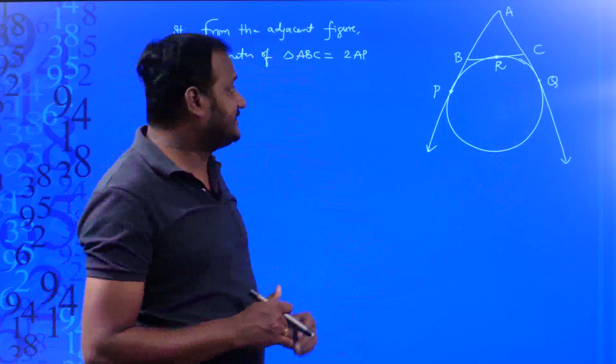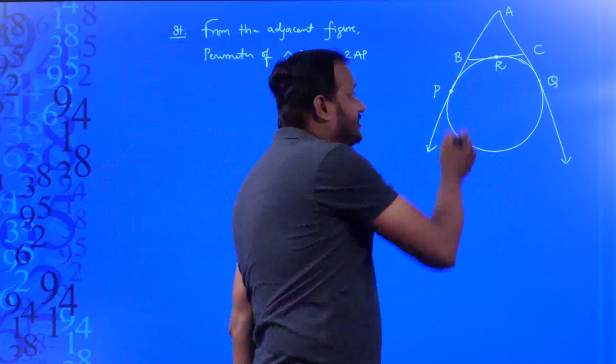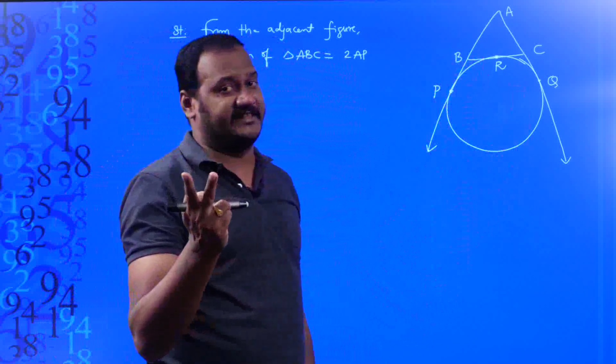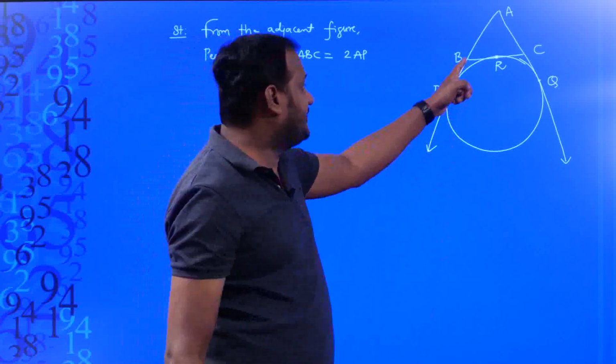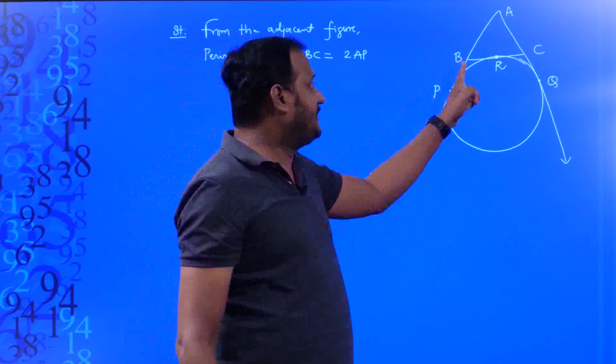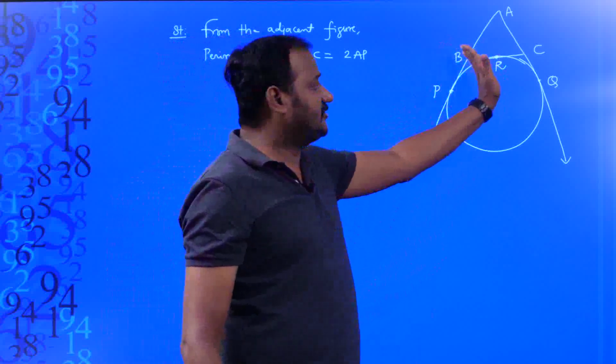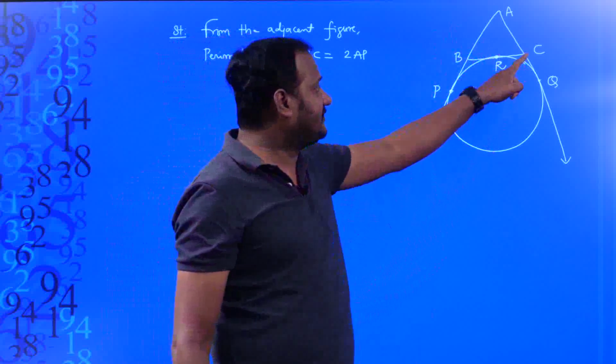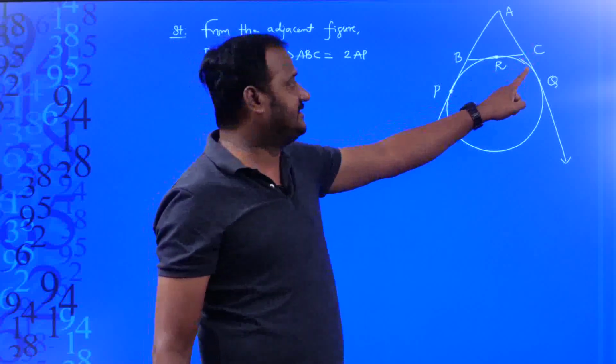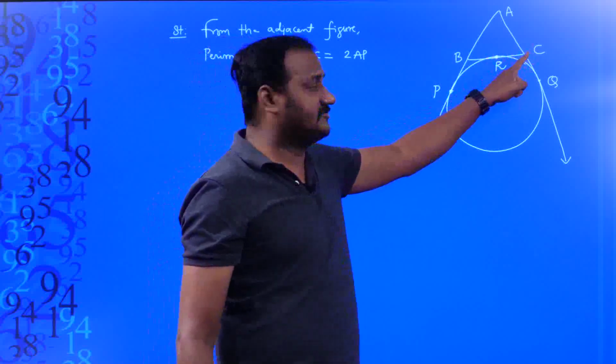And the second thing is, from point B also we identify 2 tangents. What are those 2 tangents? BP is one tangent and BR is also one more tangent. So BP is equal to BR. Similarly, from C also we can identify 2 tangents. They are CR is equal to CQ.